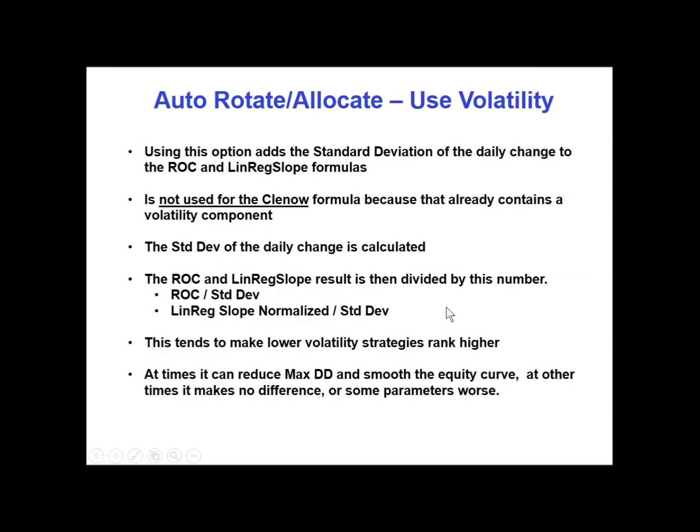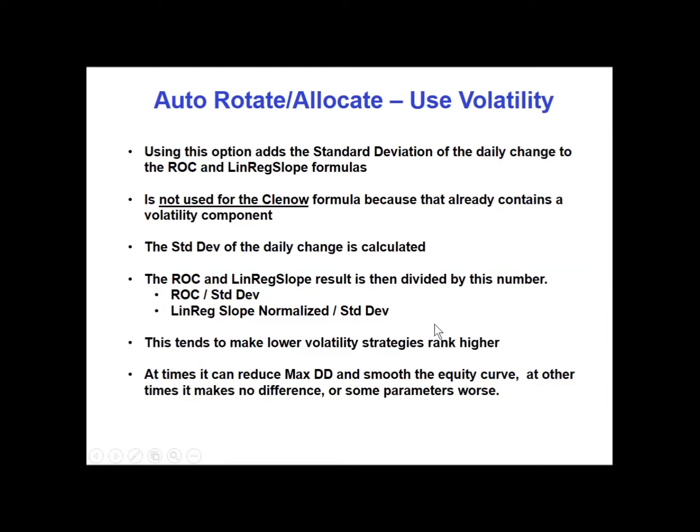It calculates them for the same look-back period as you've already chosen for the price look-back, and then we divide the ROC or linear reg slope result by volatility.